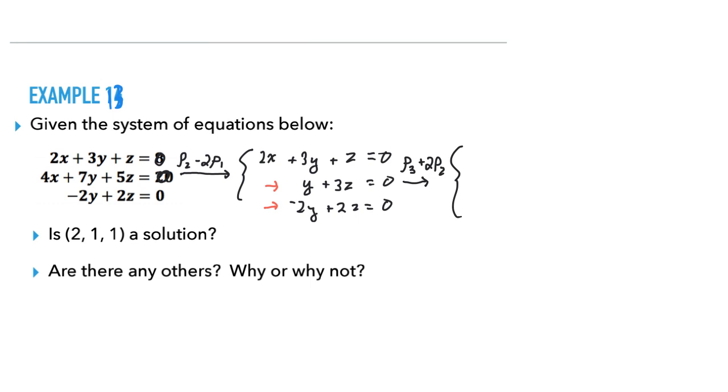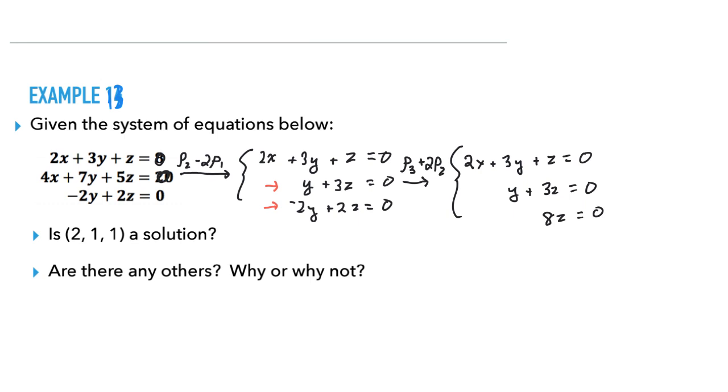And that would produce this system: 2x plus 3y plus z equals 0, y plus 3z equals 0. And now what I'm going to get, if I add 2 of equation 2 to equation 3, I'll have 6z plus 2z, which is going to be 8z equals 0. And I think by now you can see where this is going.